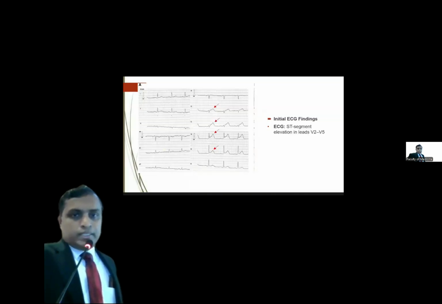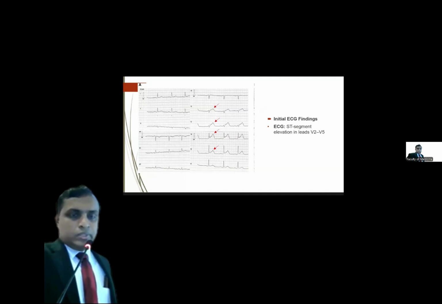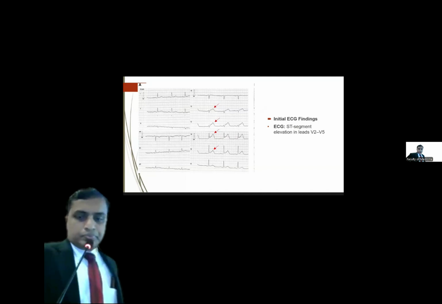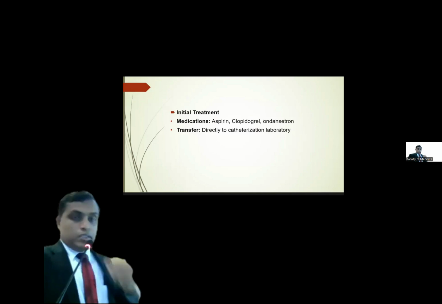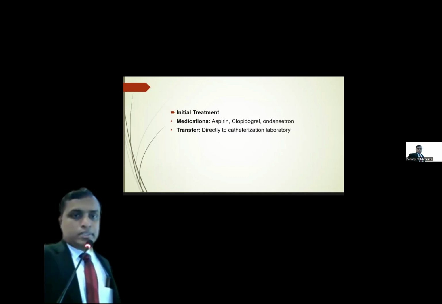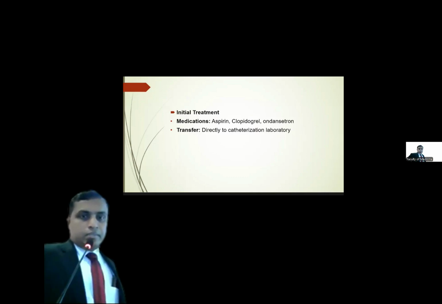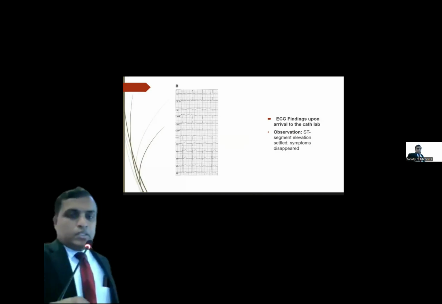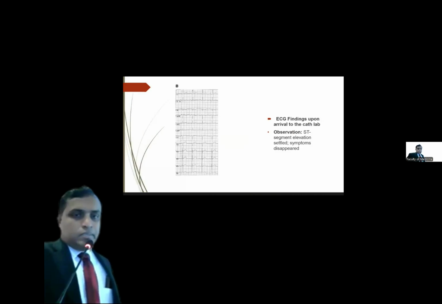So you can see the ST segment elevation in leads V2 to V5. So he was given stat doses and taken to the cath lab. When he arrived at the cath lab, the pain was no longer there, and on the ECG the ST elevation had settled.